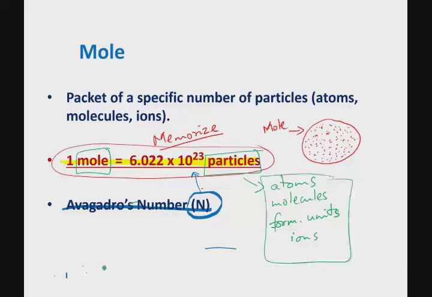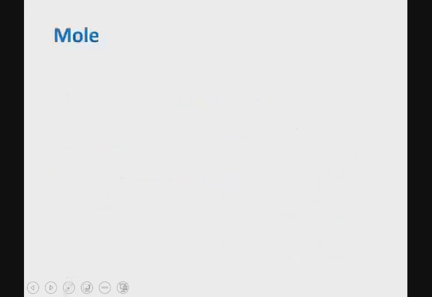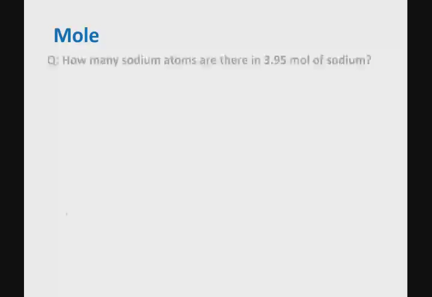So whenever you're dealing with any calculation that relates moles to some kind of particles, this standard equation would come into play.